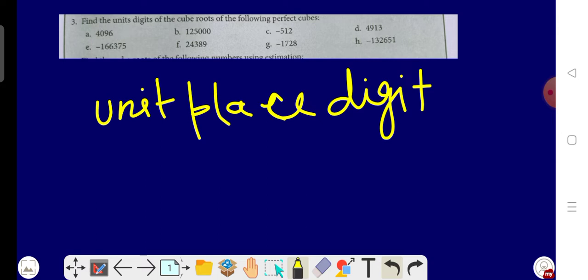To find the unit place digit in the cube root of the given number, we will use the property of cube of the number.